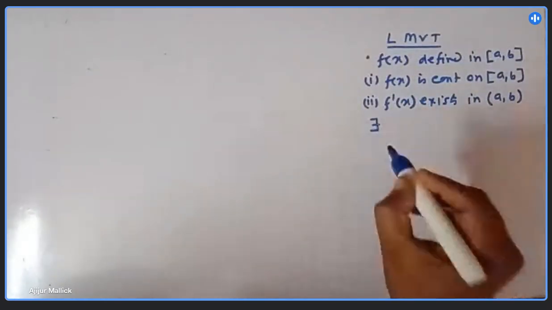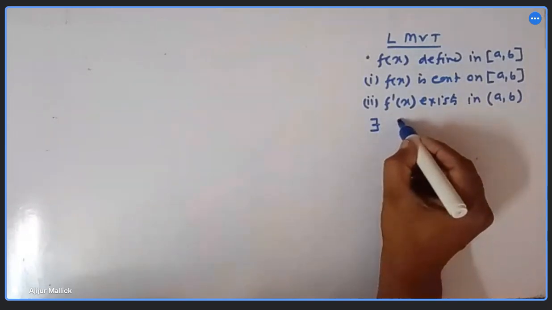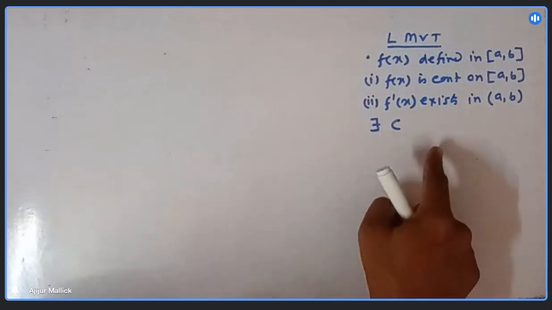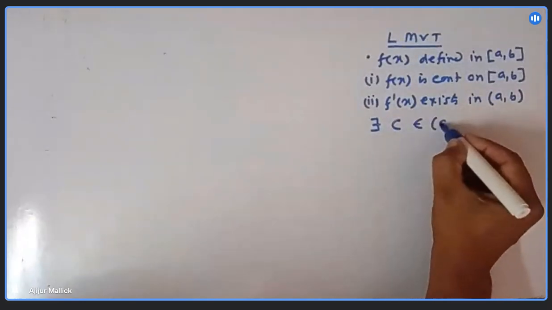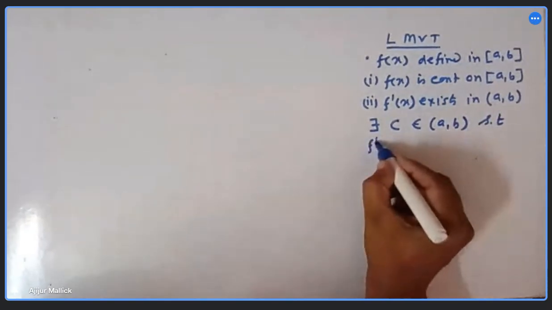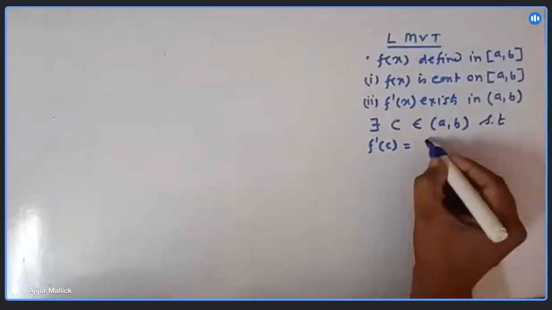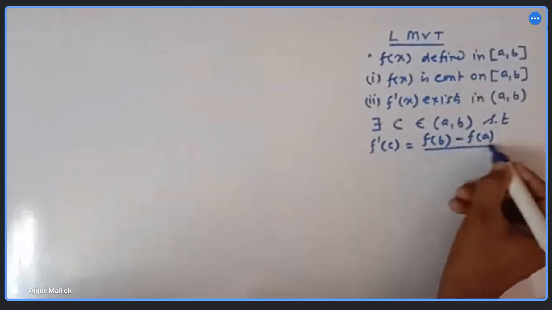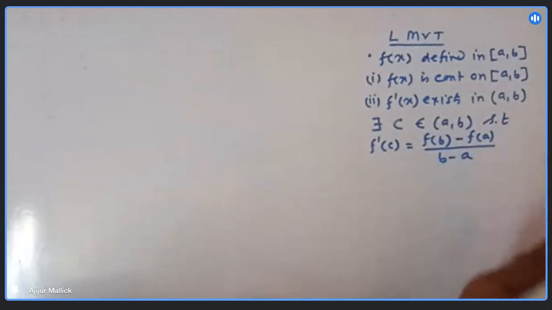Write the conclusion: then there exists at least one value of x, say small c, in the open interval (a, b) such that f dash c is equal to f of b minus f of a divided by b minus a.